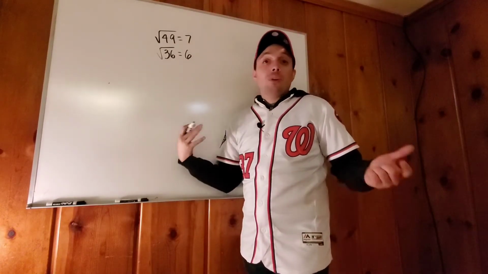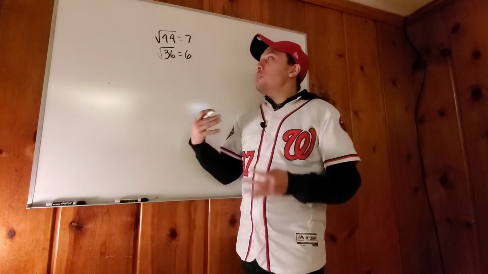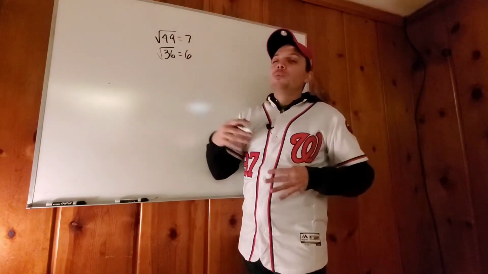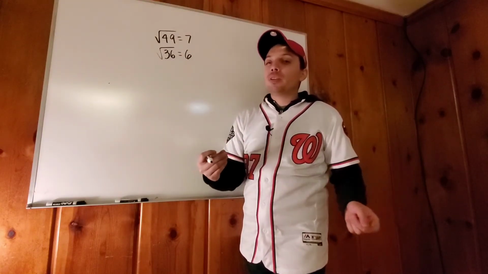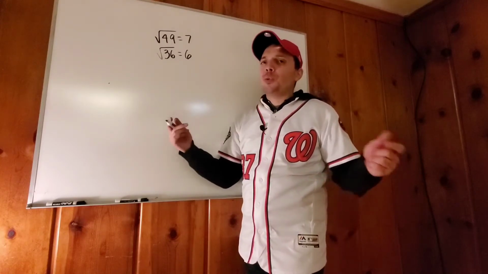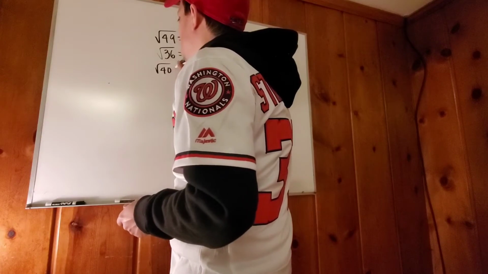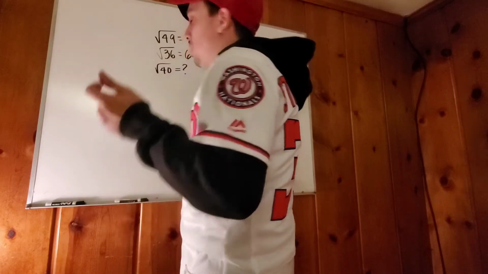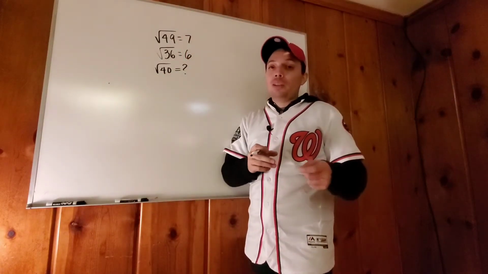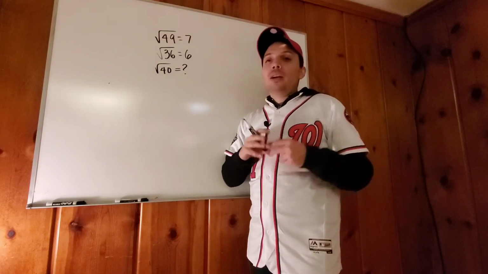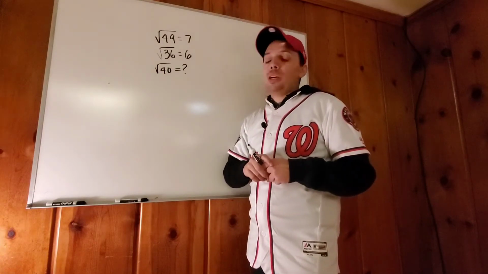Those you don't really have to estimate. It's the numbers in between 49 and 36 that we don't know. For example, what is the square root of 40? To be quite honest with you, I have no idea off the top of my head what the square root of 40 is.